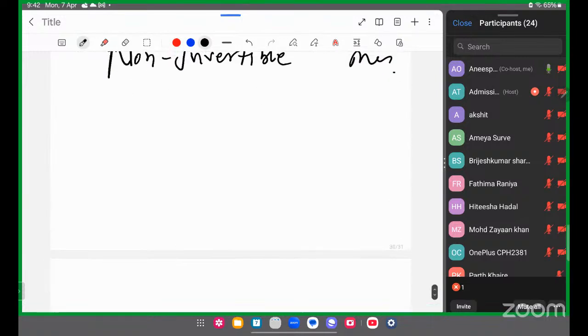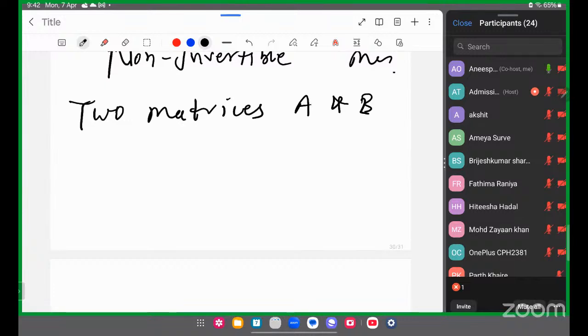Next point is, if we have two matrices, obviously square matrices A and B, such that A multiply B is defined, B multiply A is also defined, and the multiplication is I. A multiply B is I, B multiply A is also I, the identity matrix.